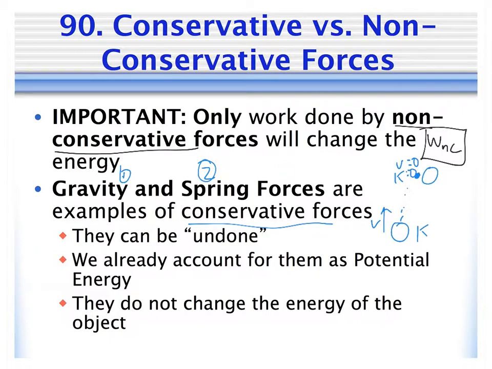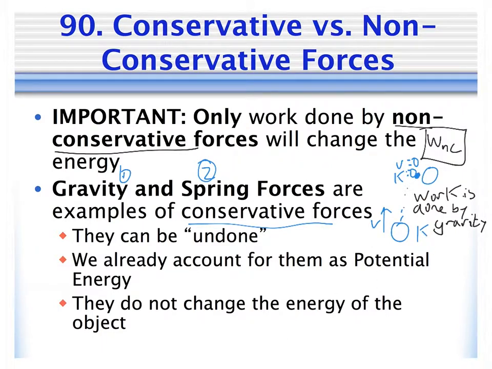So if we think about that situation as that object's rising to the peak, we could say that work is done by gravity. And that would be a perfectly correct statement. The object's rising, it starts with kinetic energy down here, and it's losing its kinetic energy because gravity's doing work. However, once it gets to the peak, it's going to fall back down.